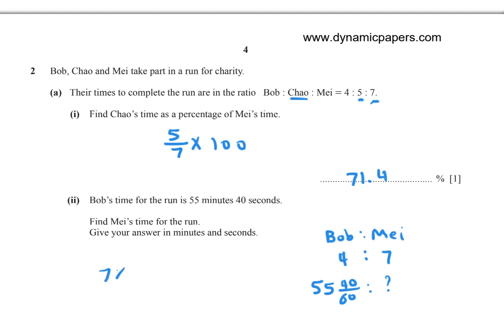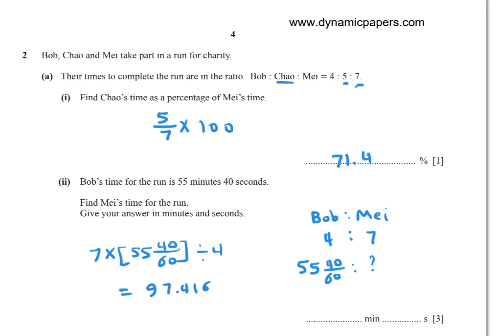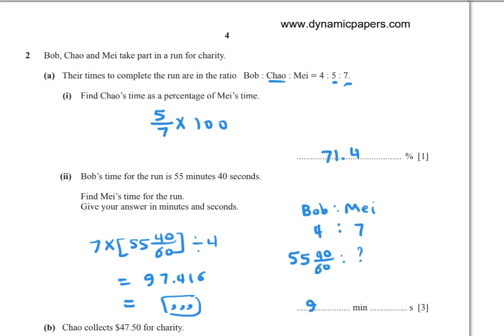So 7 times 55 and 40 over 60. Write this as a mixed number in your calculator, then divide by 4. You get 97.416 and 6 recurring. To find the answer in minutes and seconds, just press this button in your calculator. You get 97 minutes 25 seconds.